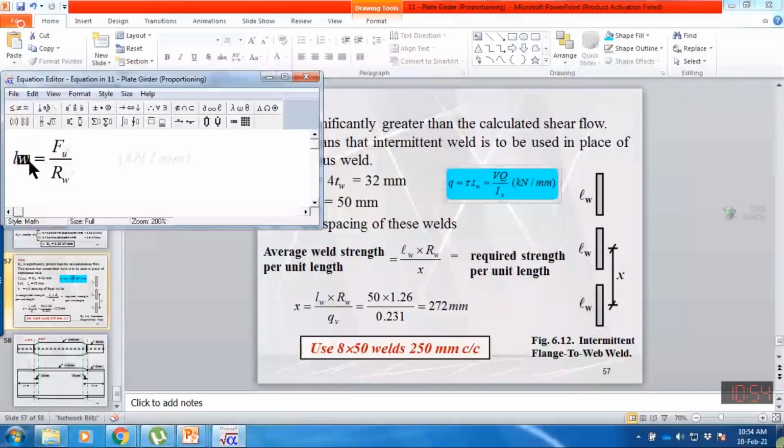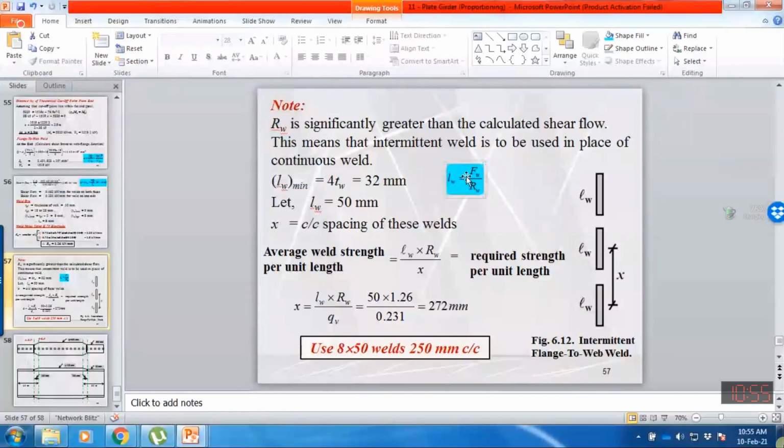But the reason is that Fu is in kilonewton, so there is an issue. So what we can do, we have another expression.